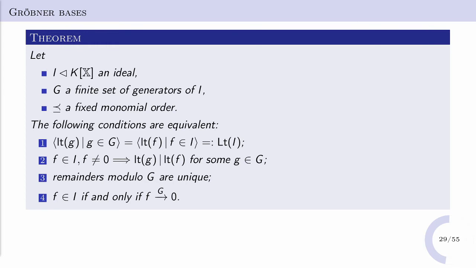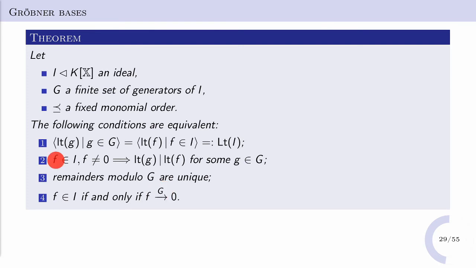The other equivalent condition says that an element belongs to this ideal, so it vanishes at the same places where the initial polynomials vanish, if and only if it reduces to 0 modulo this set.